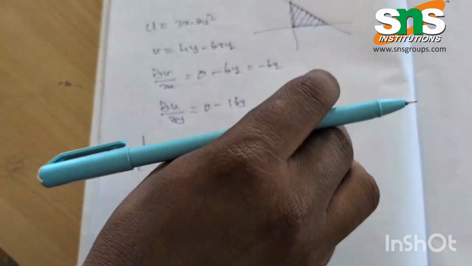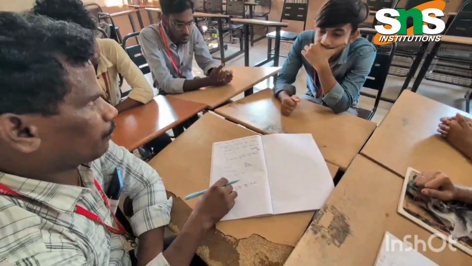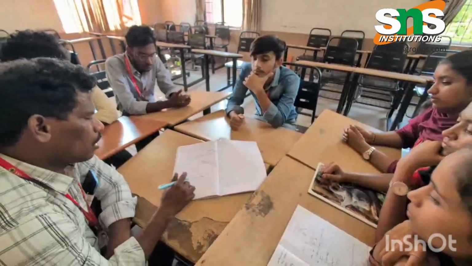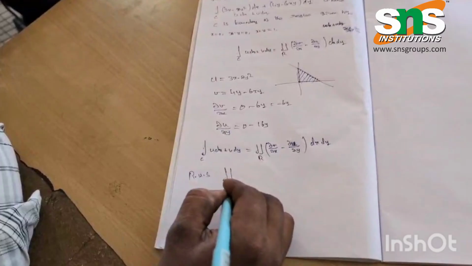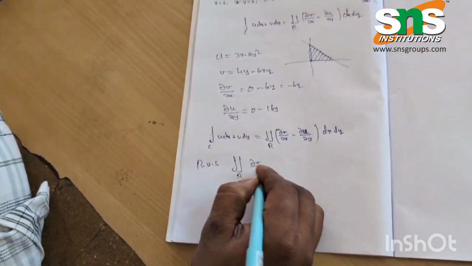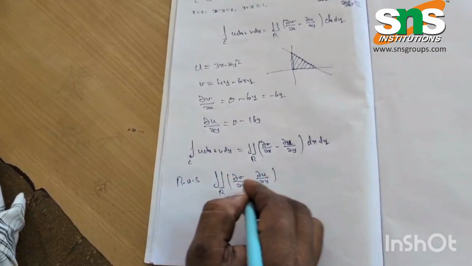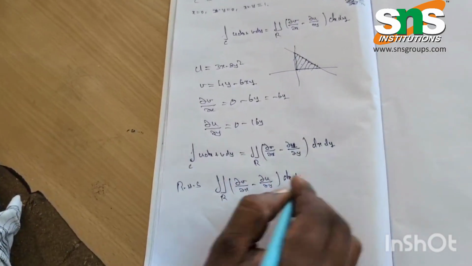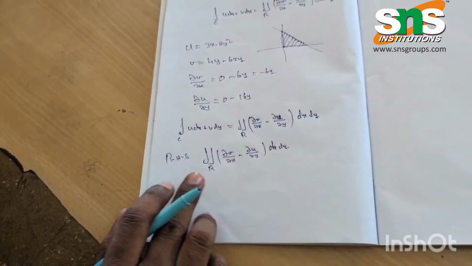We verify the right hand side and the left hand side, and find that these two values are equal. The right hand side term is the integral over R of (∂v/∂x minus ∂u/∂y) dx dy. Next we find the limits of the given region.